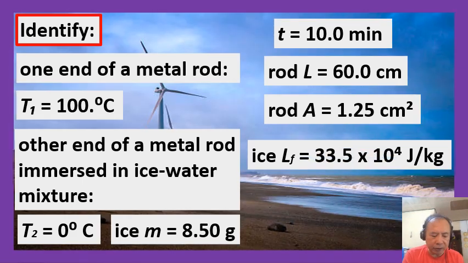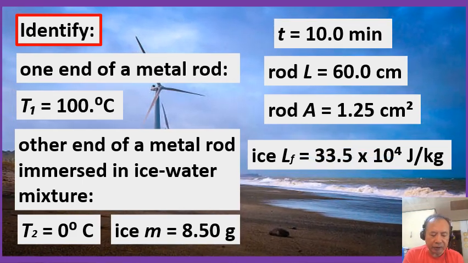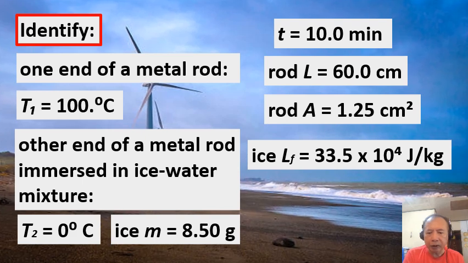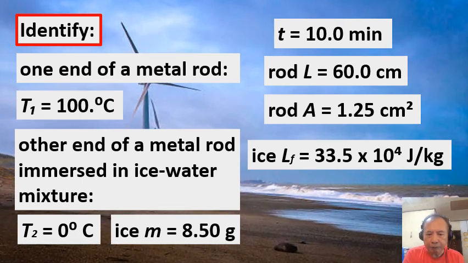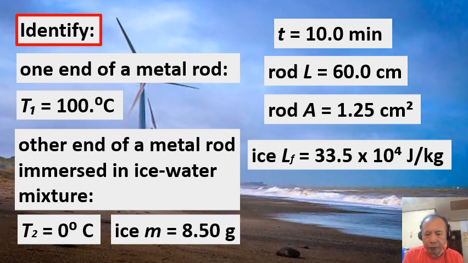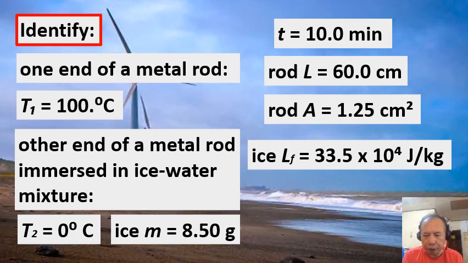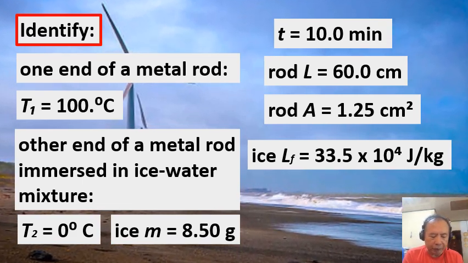And we also need the constant latent heat of fusion of ice for our computation. This is denoted by capital L sub F, equal to 33.5 times 10 to the fourth power joules per kilogram.